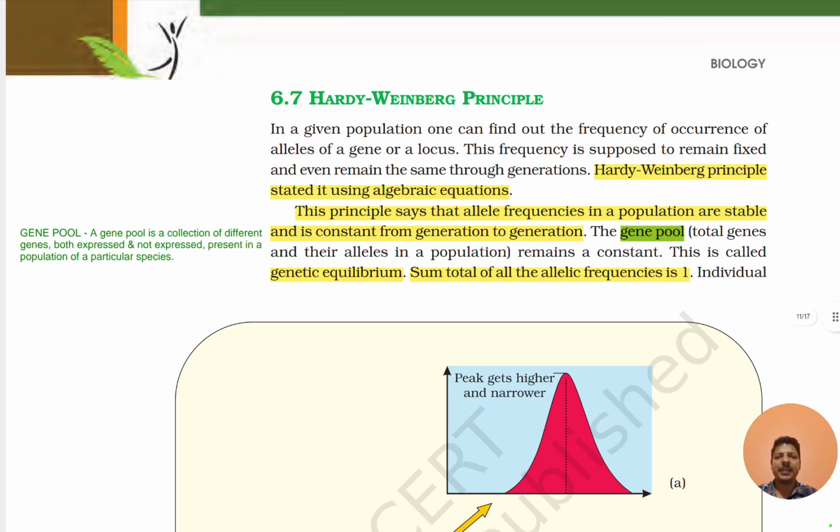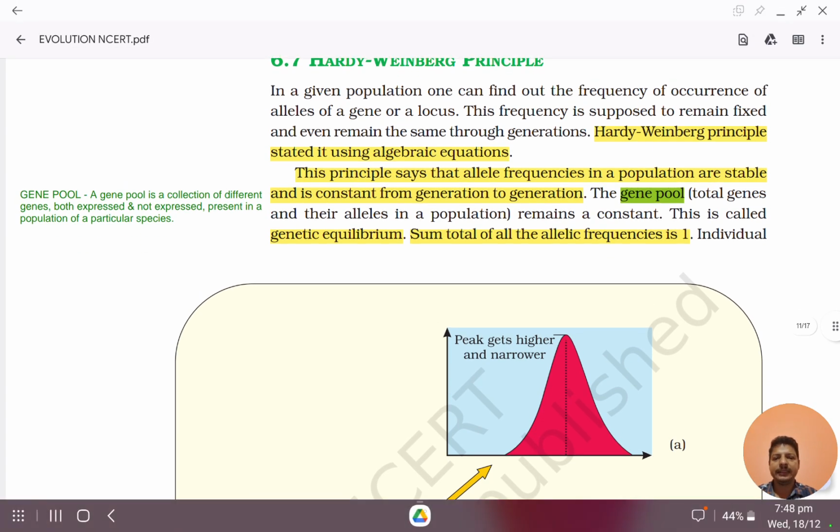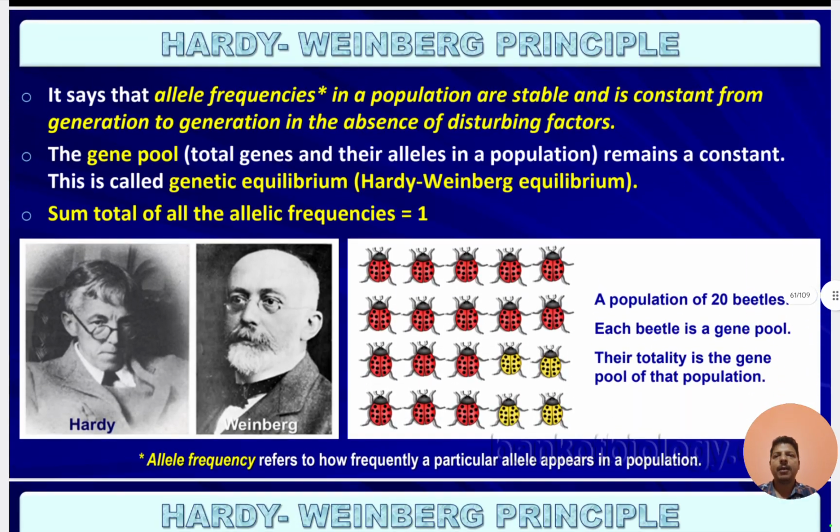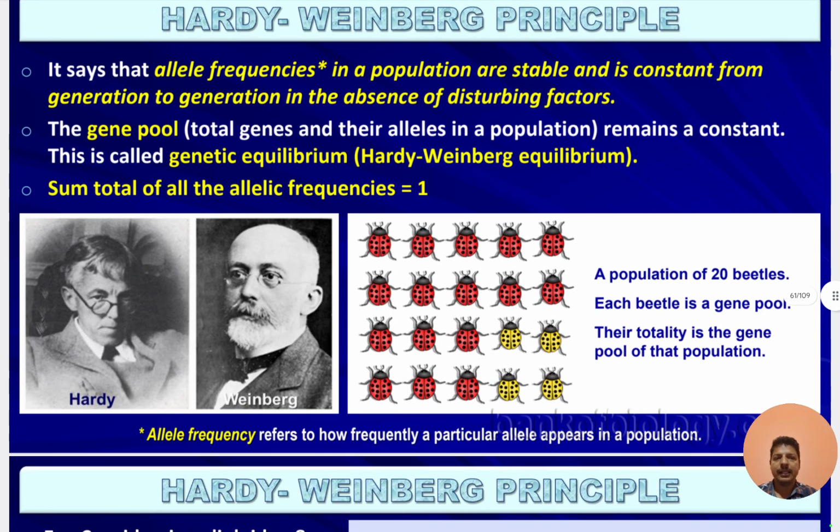Then Hardy-Weinberg principle. What it says, let's see in this PDF, then in the NCERT. First of all, it says that allele frequencies in a population are stable and constant from generation to generation in the absence of disturbing factors. The gene pool, which is the total genes and their alleles in a population, remains constant.